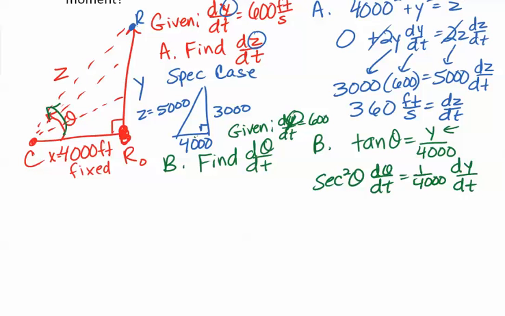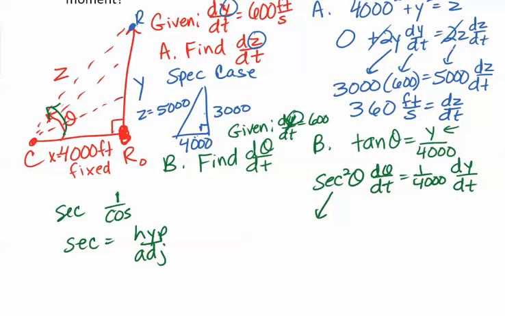Now we can plug in our specific case because we can tell the secant. Remember that secant is 1 over cosine, so the definition of secant is the hypotenuse over the adjacent leg.